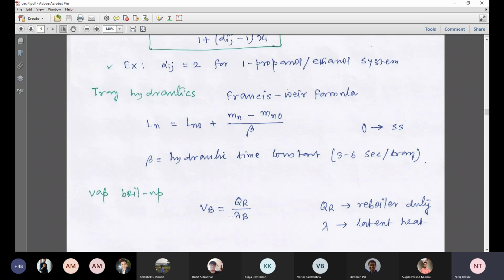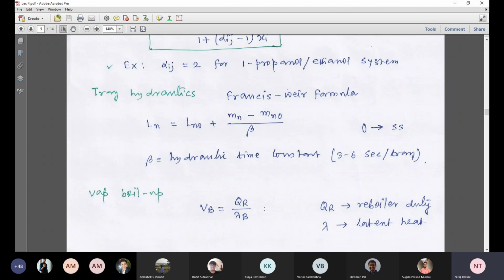Question is how we can know the right hand sides? How we can know QR? How we can know lambda B? Anyone? Do you have answer? How we can know QR? That is reboiler duty. How we can know lambda B?